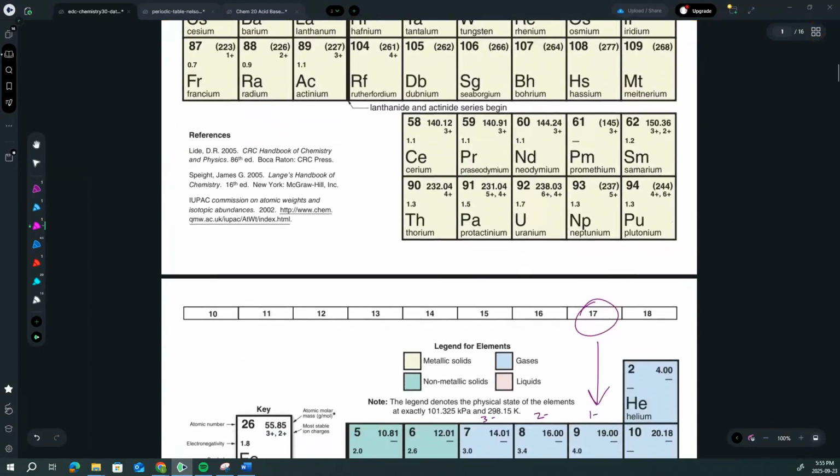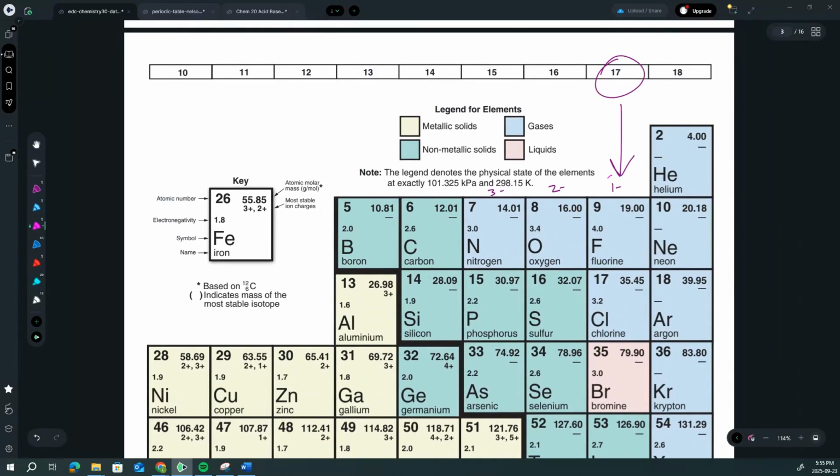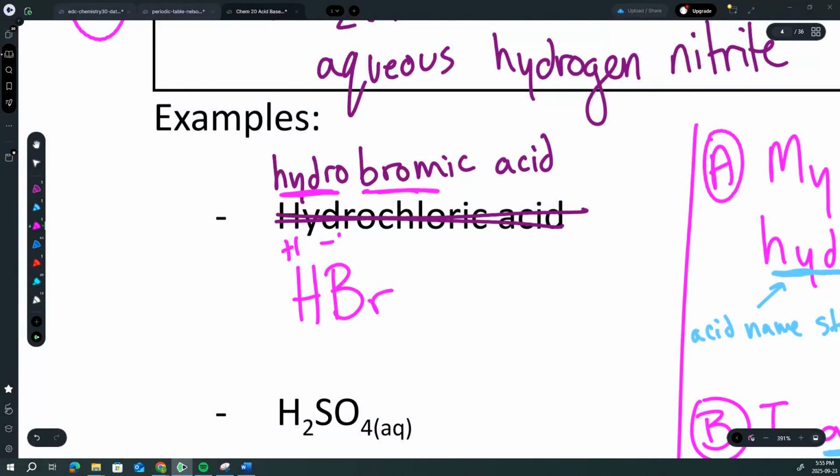Now for bromide, since it's part of group 17, ions like to have a -1 charge. So bromide is going to have a -1 charge. And since the +1 and the -1 balance out, we don't need to worry about any subscripts. So we're good on that.